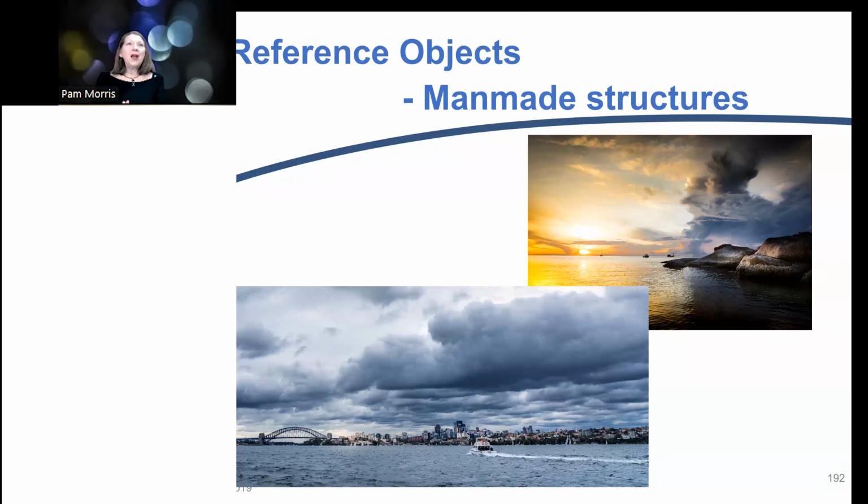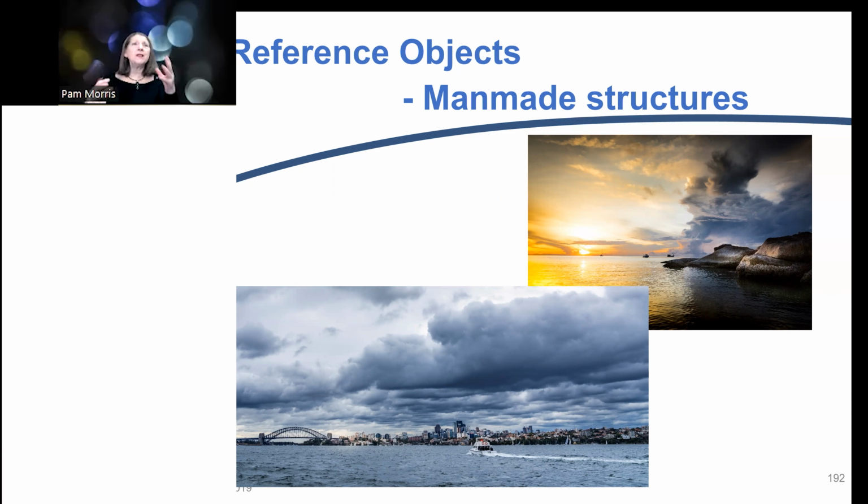If we haven't got animals or people, then other things that we can use to give scale are man-made structures and things that we know the relative scale of. In the image below, I wanted to give the scale of these ominous storm clouds that were massing over Sydney Harbour.